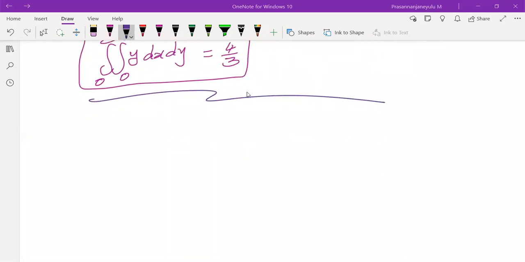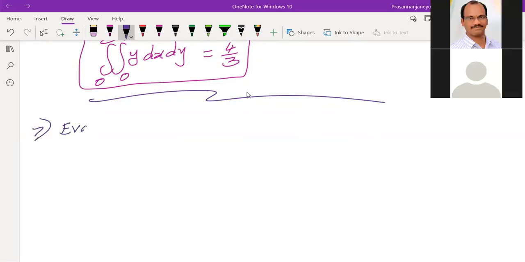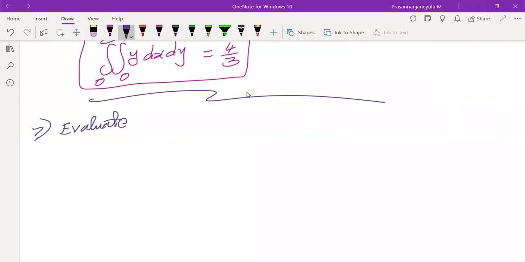Now going to problem number 7, evaluate the double integration of x square plus y square into dx into dy.